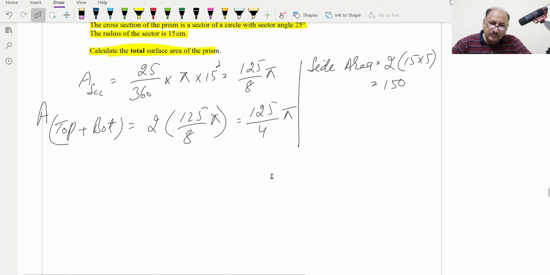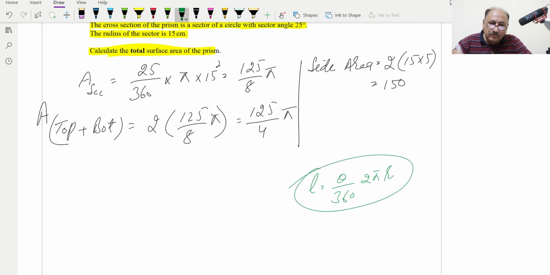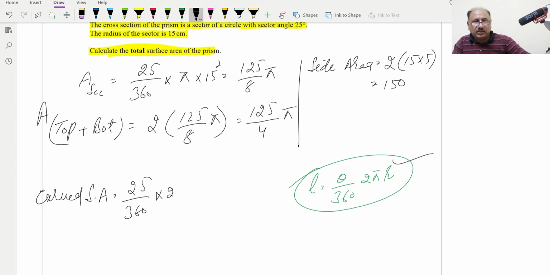The formula for the length of the sector is L equal to theta over 360 into 2 pi r. So curved surface area will be equal to 25 as the angle over 360, using this formula, into 2 pi r. So basically, 2 pi r will be what?